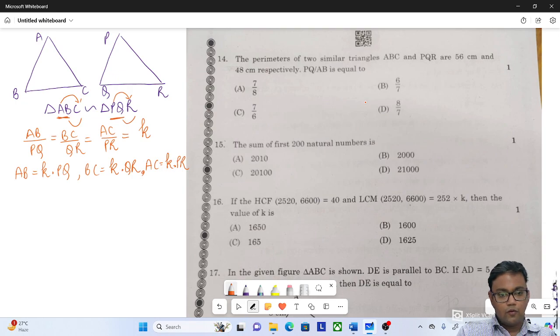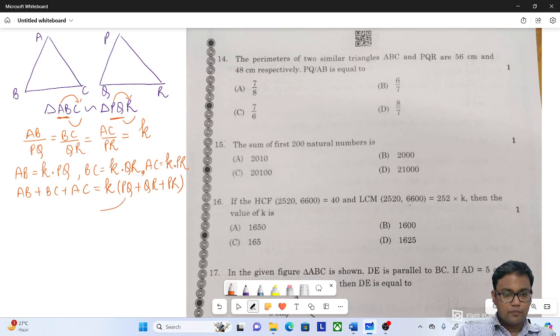So, why not add all these three equations: AB plus BC plus AC equals k times PQ plus QR plus PR.